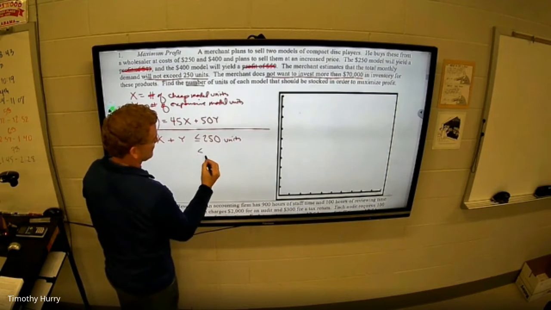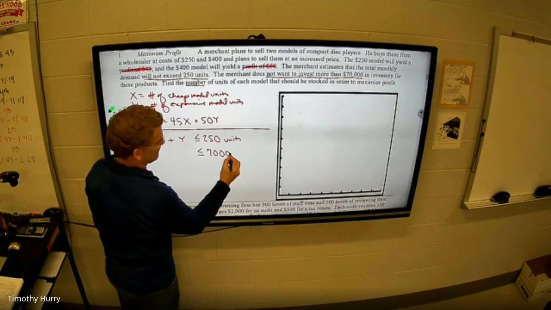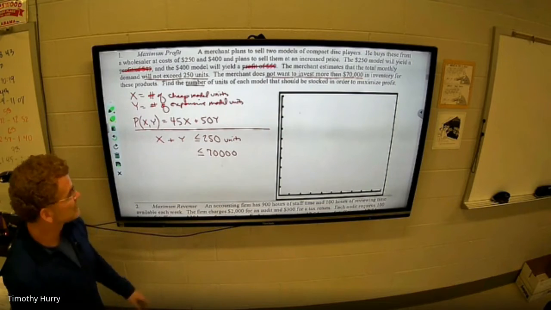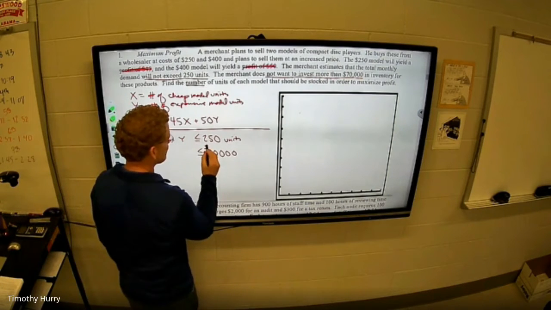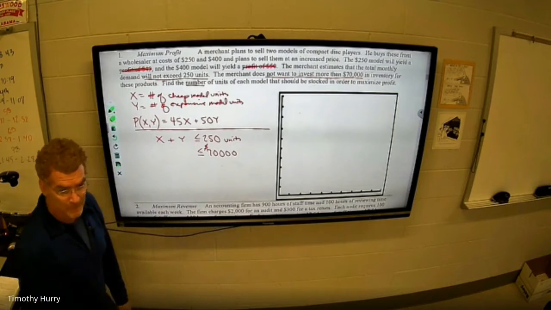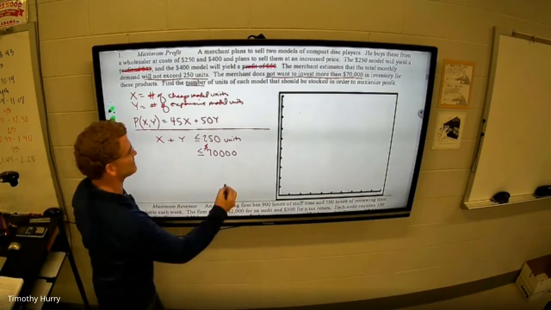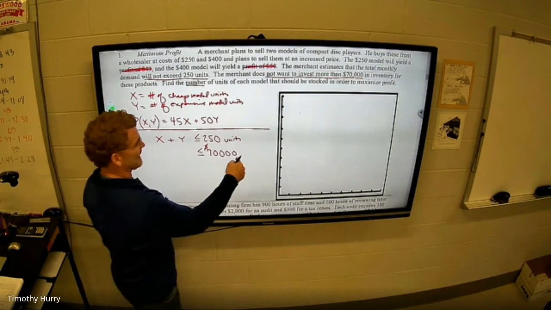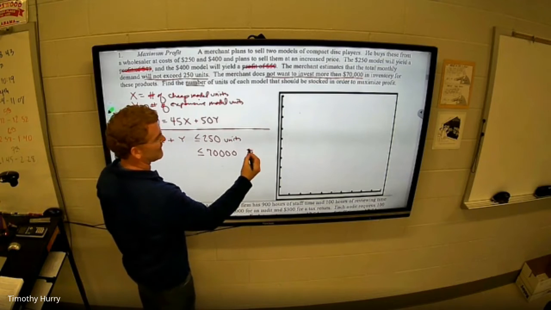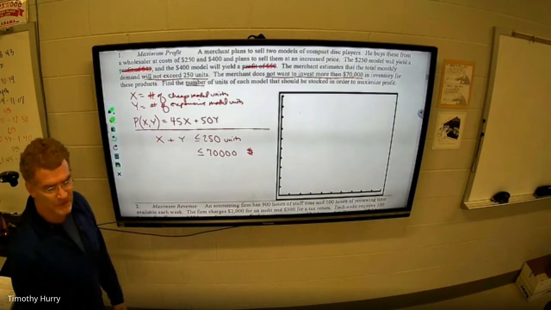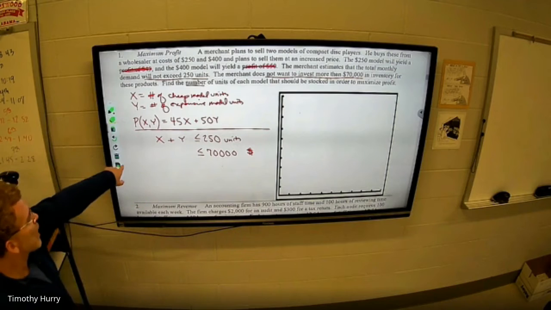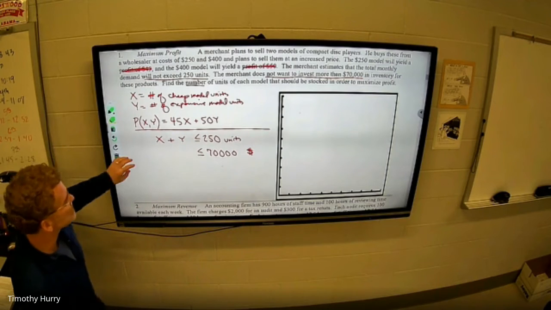Maybe that's all he could get on a loan, or maybe that's all he had in the bank. So this is his dollars. This is a dollar amount. You don't have to put the dollar sign, but you definitely have to think, wait a minute, this right here is money I'm talking about. So how can I get a situation here that talks about money?